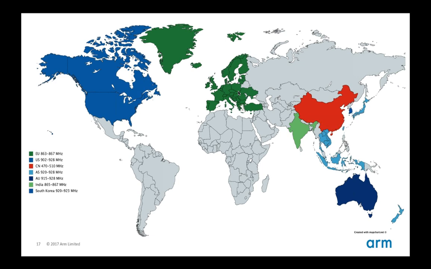The green shades are around 868 megahertz, and red, China, is typically between 470 and 510 megahertz. And so these are also three different types of hardware, different radios that are optimized for these frequencies.